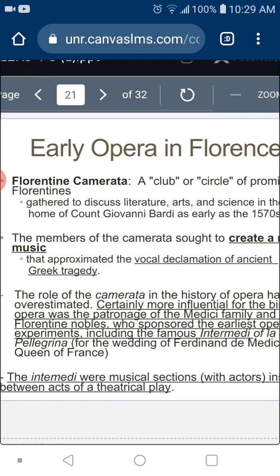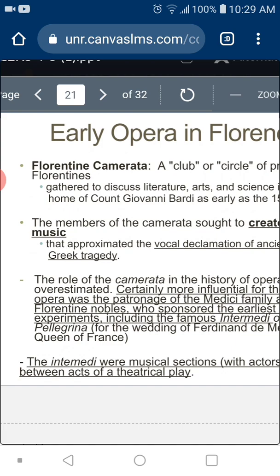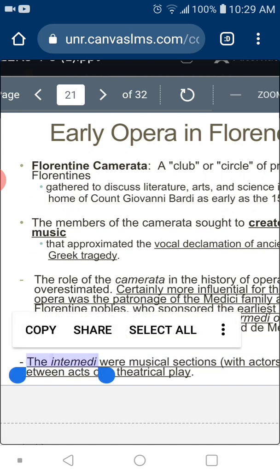So in Florence, by the end of the 16th century, there were some families that were supporting these musicians who composed operas. But at the beginning, operas were actually intermedi, so there were intermissions. You did not have the entire opera sung throughout. It was a play that was just spoken, and then between the acts of a play, you had these intermedi, these intermissions.